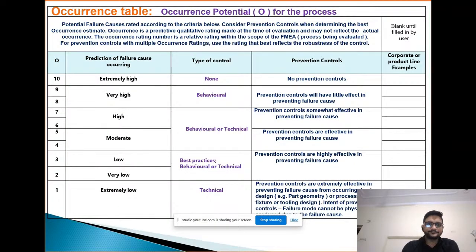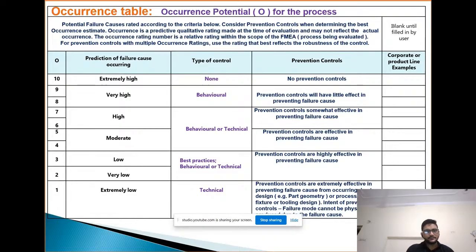And this is the occurrence table, meaning occurrence potential for the process. The occurrence table has five columns. The first column is for the rating numbers, the second is the prediction of failure cause occurring, the third is the type of control, the fourth is the prevention control, and the fifth is the corporate or product line example.